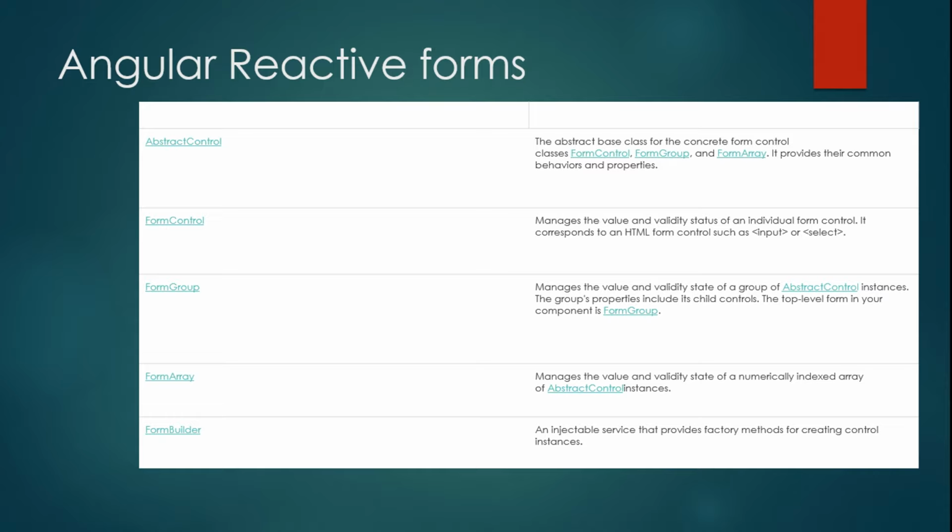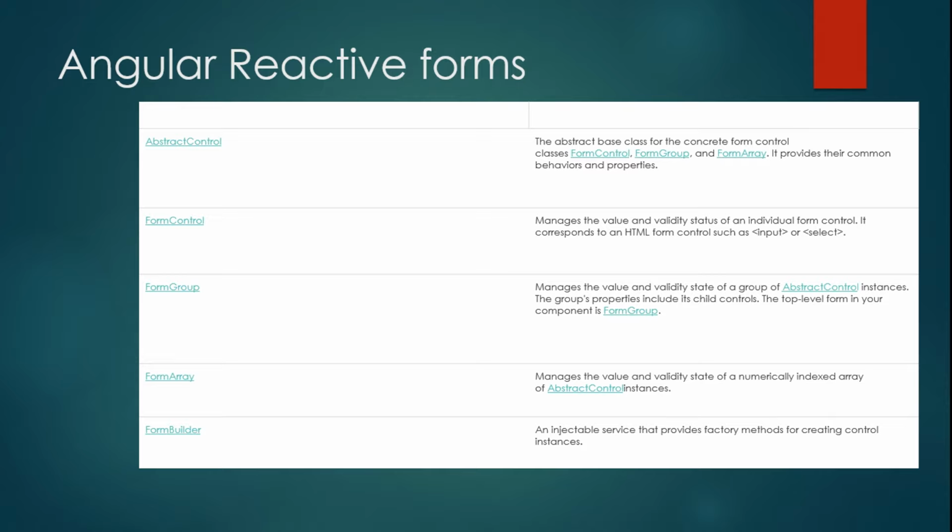Angular provides the abstract control class, which is inherited by form control, form group and form array. This abstract control class also holds the validator functions, so we can provide validator functions in the form control.